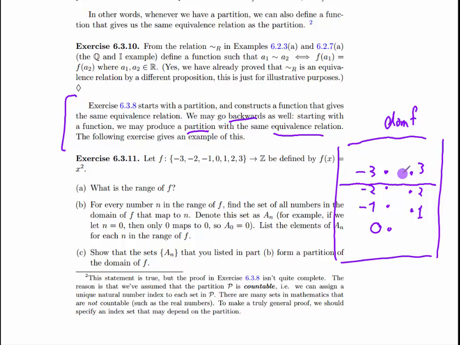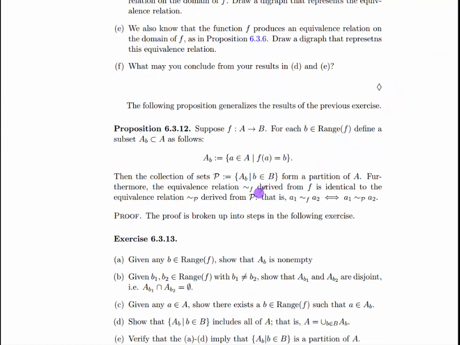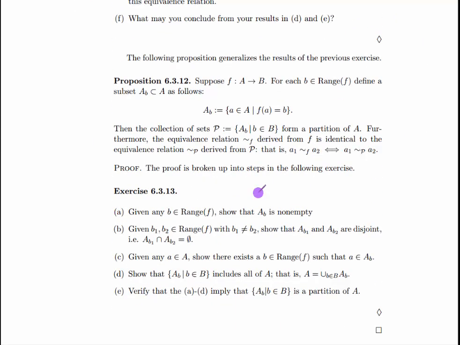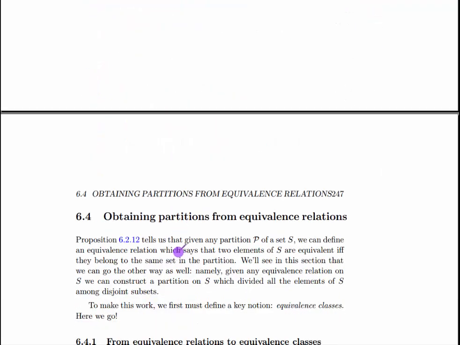If I continue to do that, I will draw sets that eventually contain all of the points in the domain, which ends up being a partition. So I can produce a partition from the function. And this one generalizes that whole idea, and here you're asked to prove it as an exercise. I think that's the end of this section.